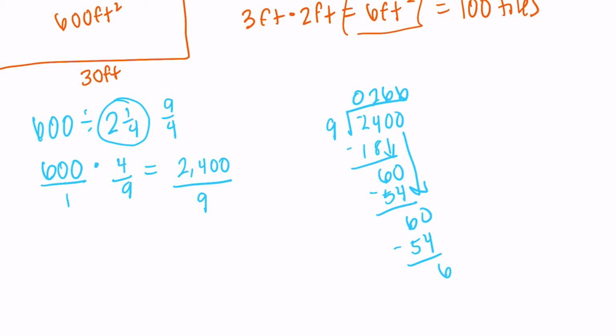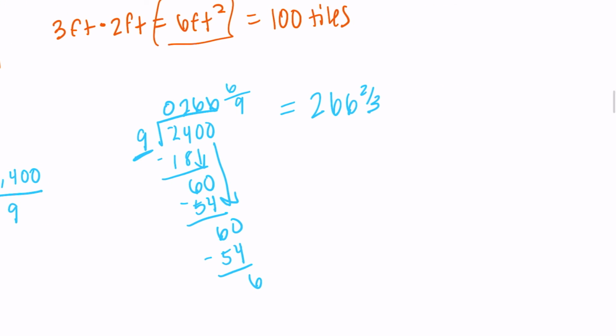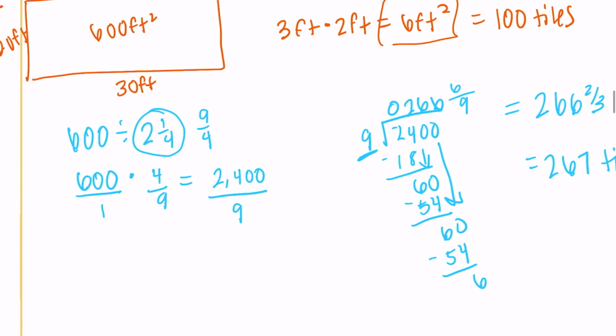And there's nothing to bring down, and since I was already working with fractions, we have 6 left over out of the 9. So 266 6/9 can be reduced to 2/3. So we would need 266 2/3 tiles, but you can't buy 2/3 of a tile, so I'm just going to say we need 267 tiles to cover the entire area here.